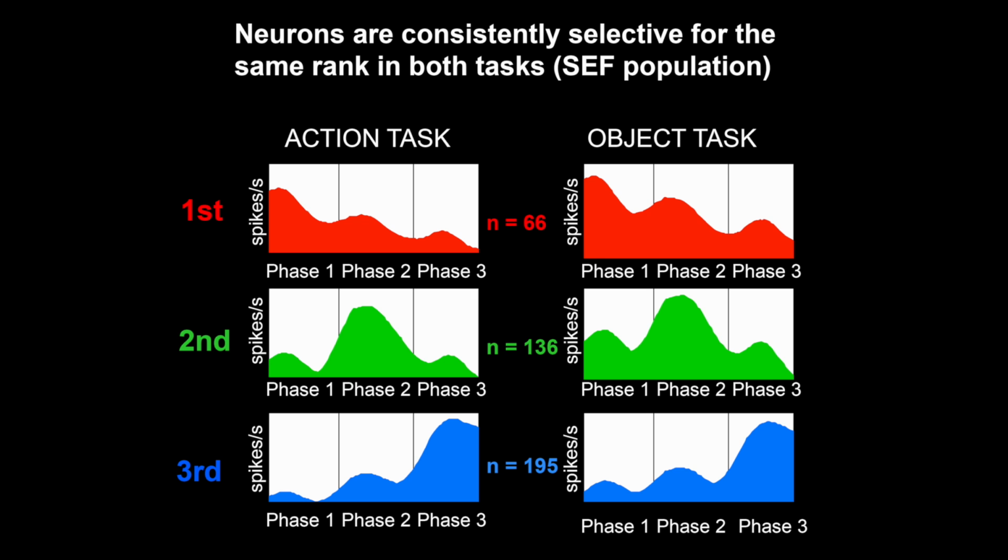Now, not surprisingly, these neurons fired the most during the first phase of the trial because that was the basis of our selection. Let's see what the same 66 neurons do in the second task. They did pretty much the same. That was true for the neurons selected for the second rank and for the third rank.